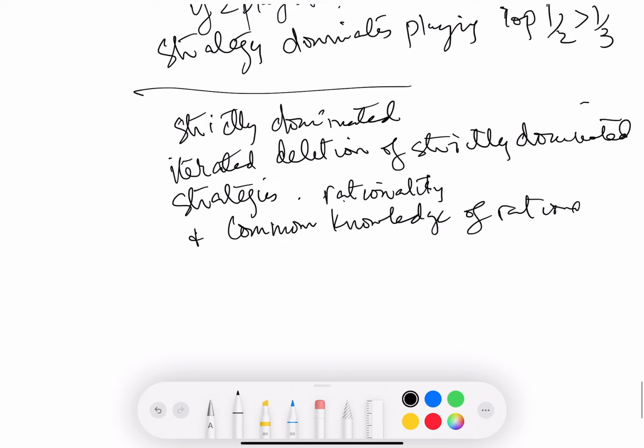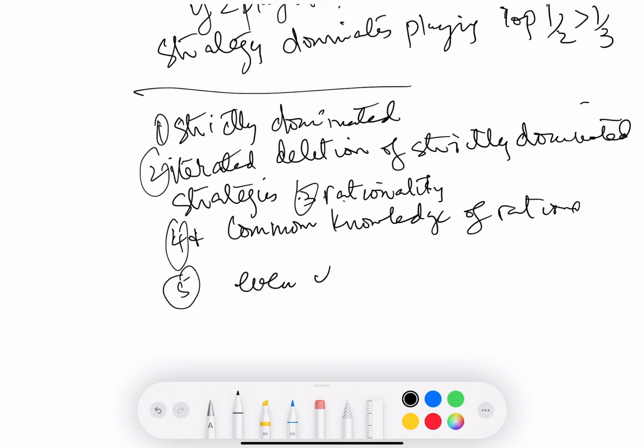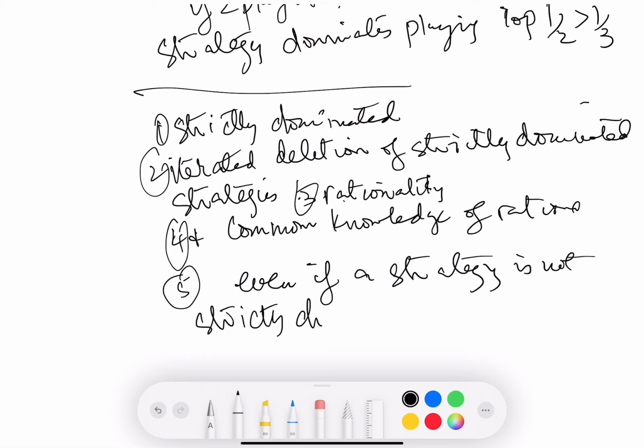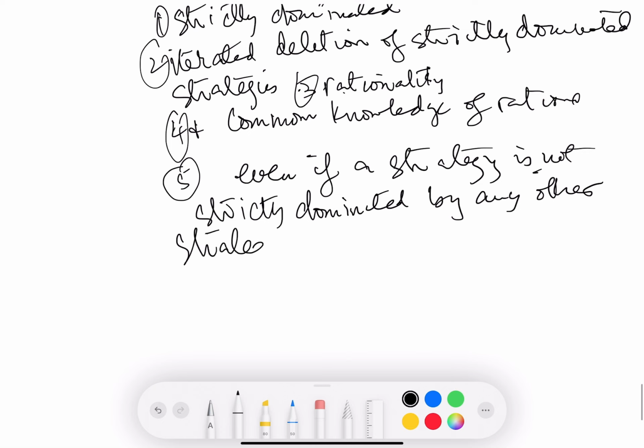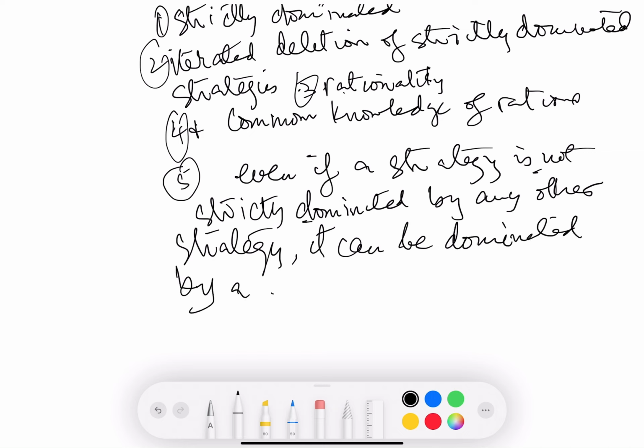And then the last point I talked about, so this is 1, 2, 3, 4, 5: even if a strategy is not strictly dominated by any other strategy, it can be dominated by a mixed strategy of other strategies, which was the last example we did.